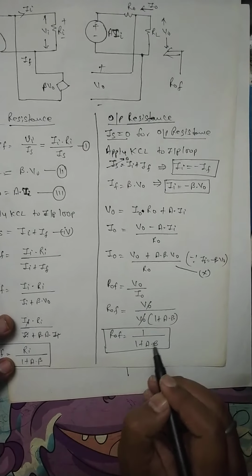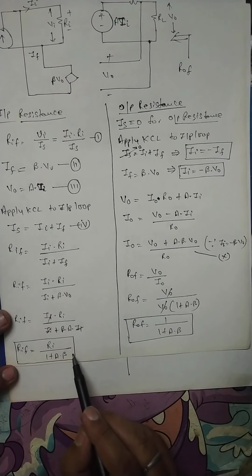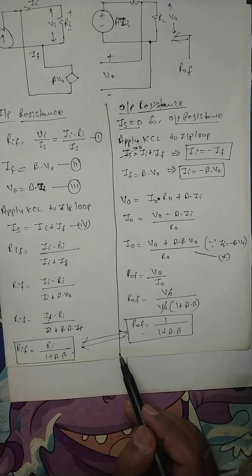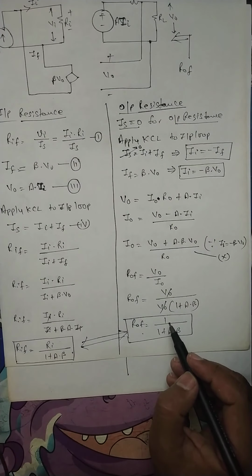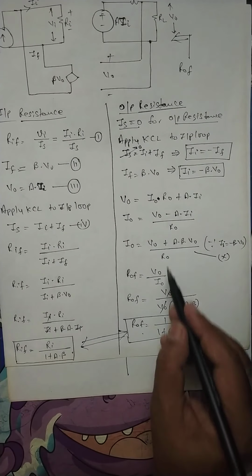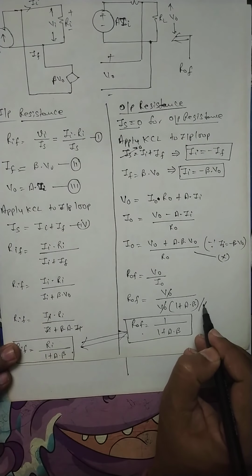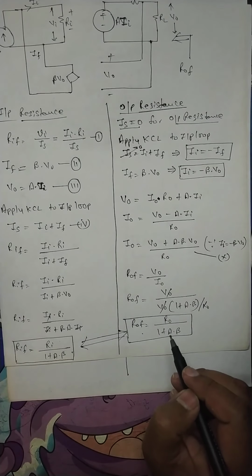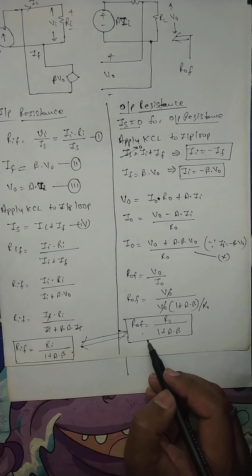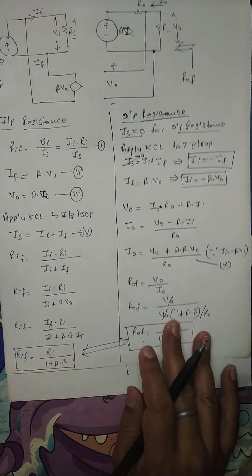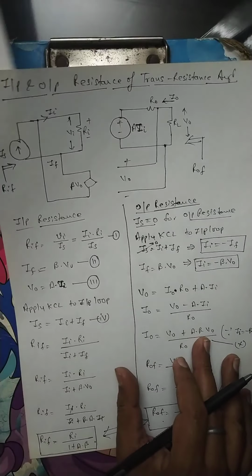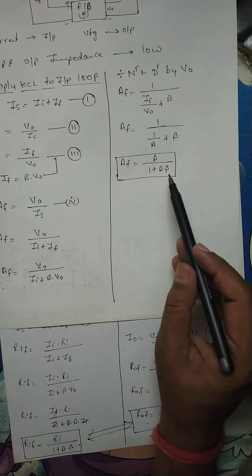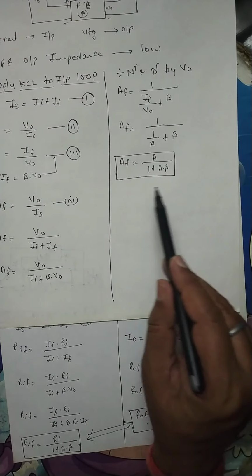So you can see that both the parameters, input and output resistance, are reduced by a factor of 1 + A beta. Sorry, this will be upon R0, so over here it is R0. So the input and output resistance are reduced by a factor of 1 + A beta, whereas the feedback voltage gain is also reduced by a factor of 1 + A beta.